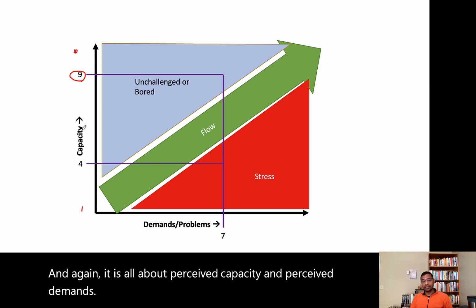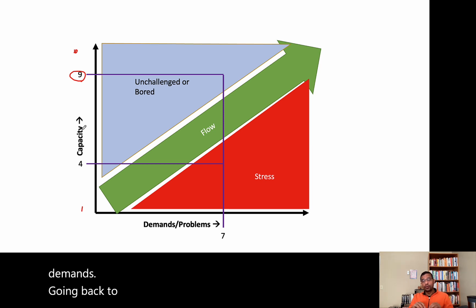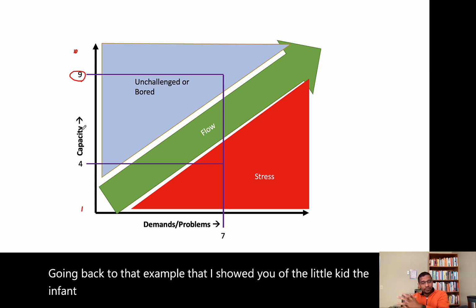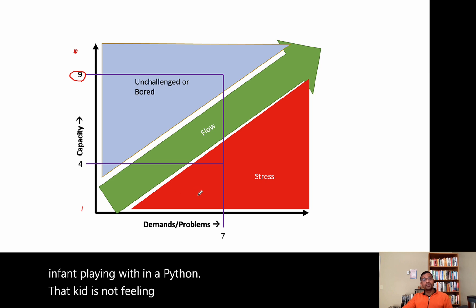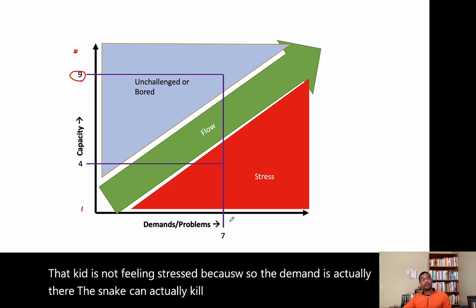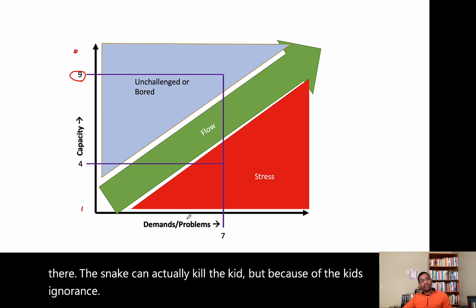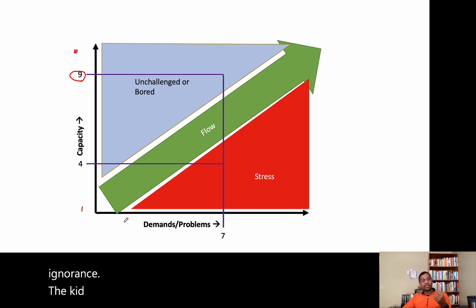Going back to that example that I showed you of the little kid, the infant playing with a python. The kid is not feeling stressed, even though the demand is actually there. The snake can actually kill the kid, but because of the kid's ignorance, the kid perceives the demand to be low.